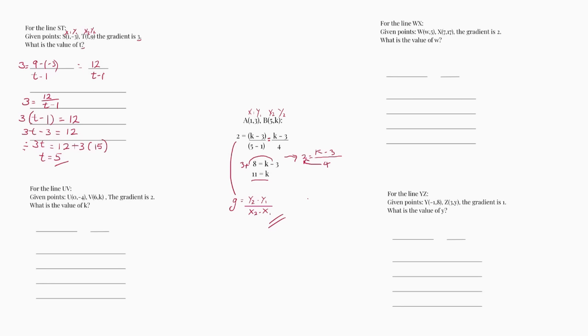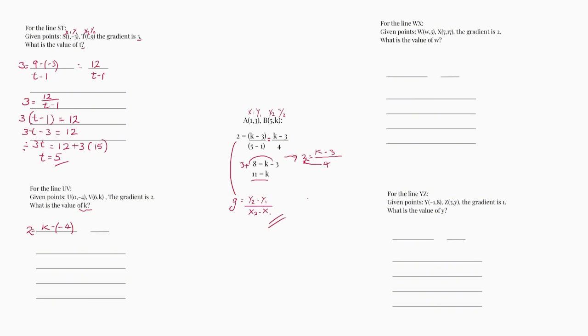So, given points are U, which is 0, minus 4, and V is 6, k, the gradient is 2. Work out k. So let's put our gradient first. So we're going to go 2 equals k, and that's a minus 4, isn't it?